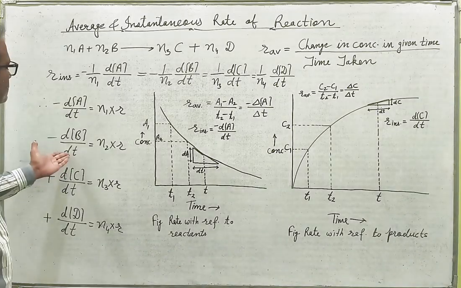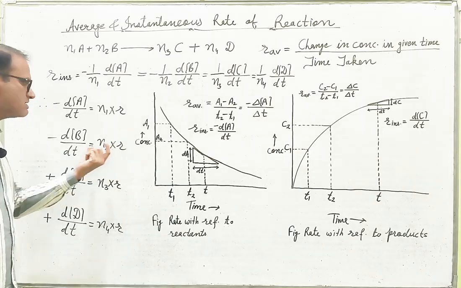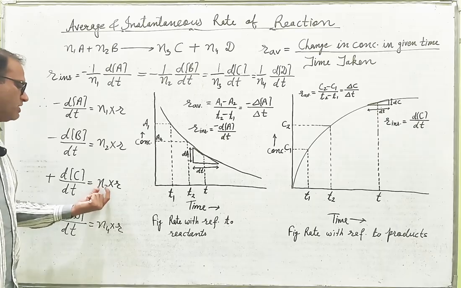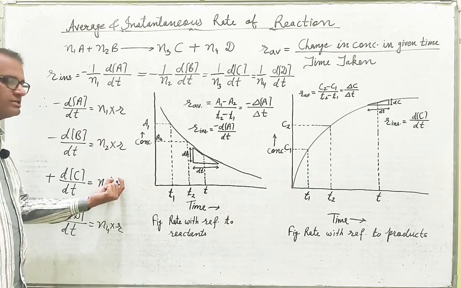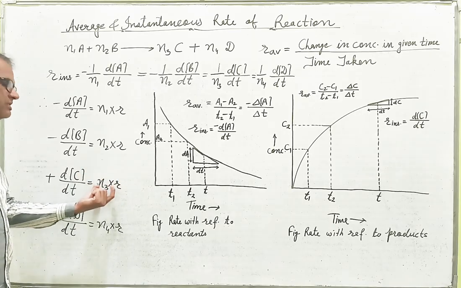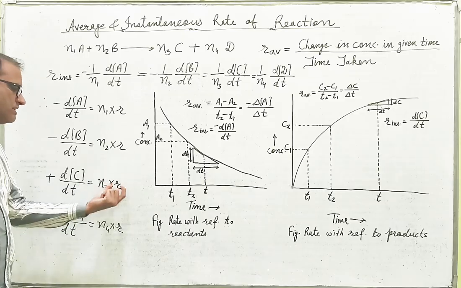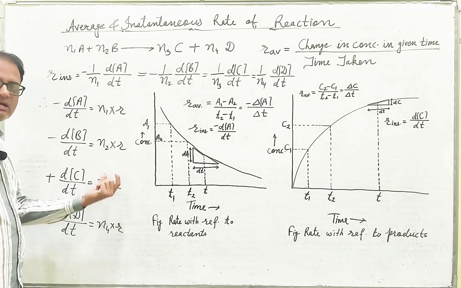Likewise minus dB upon dt will be equal to n2 R instantaneous, or plus dC upon dt is equal to n3 R. It means if the instantaneous rate of reaction is R, then it will be n3 times of that rate, whether it is instantaneous rate or average rate.